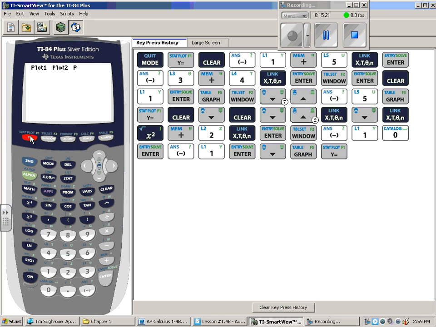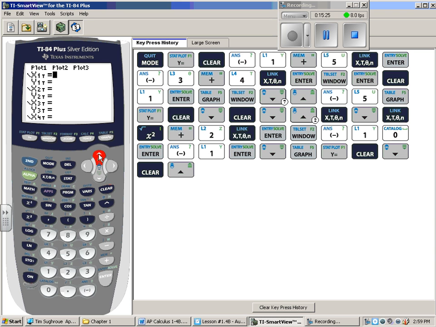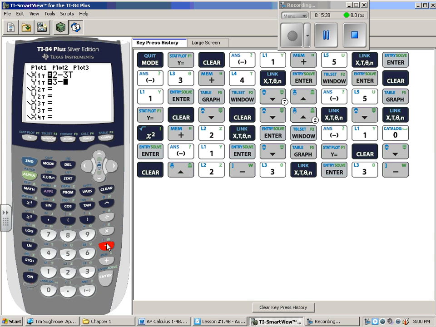Go to y equals, clear, clear. This is 2 minus 3t. This is 3 minus 4t. Okay? And it's going to be when t is greater than or equal to 0.